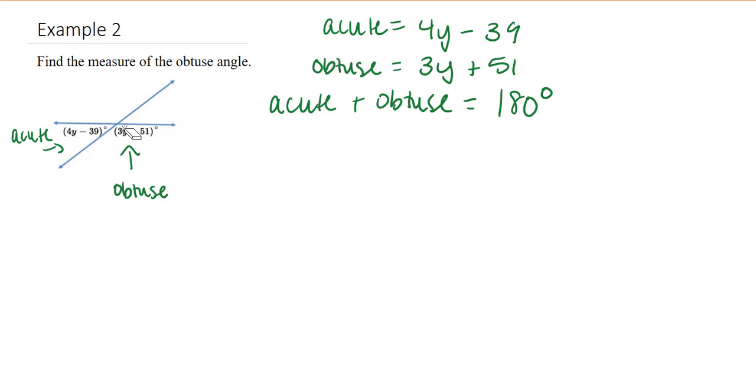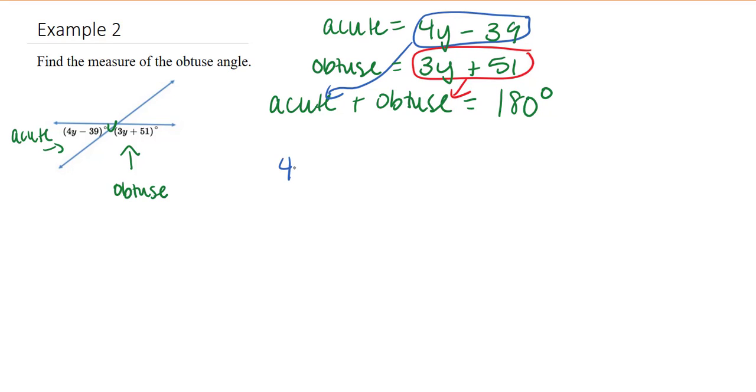Let's just make sure I did that right. Yep, that's okay. So now let's start to solve for this. We can substitute this into here and then this number into here.